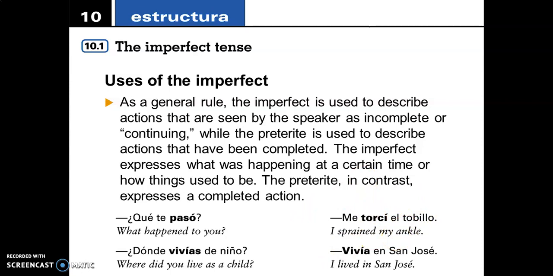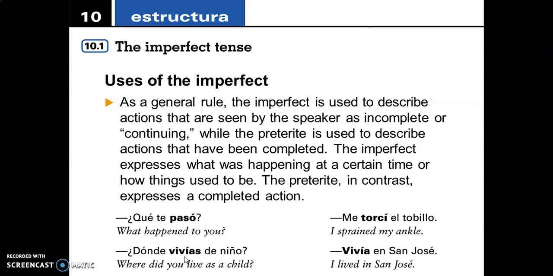And then the other question, ¿Dónde vivías de niño? Vivías es la forma imperfecta. It's the imperfect form. So you see that ías ending. I think of it as a lighter, fluffier ending, versus viví or viviste. Vivías is just a little bit softer. And so I think of it as, where did you used to live?